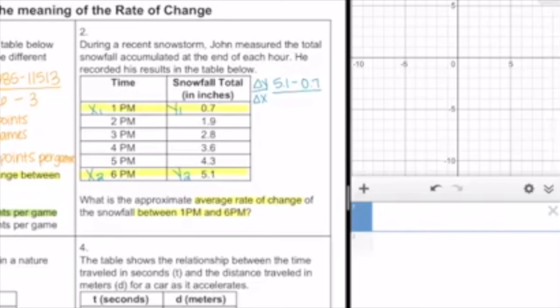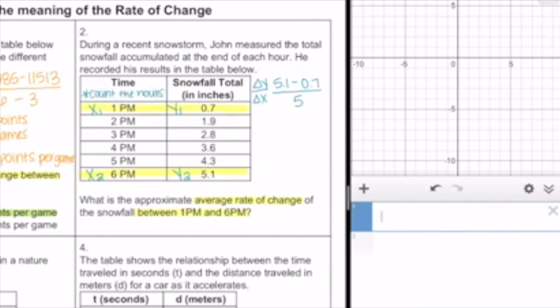How many hours passed between 1 p.m. and 6 p.m.? That's a change of 5 hours. In this case, it would have worked if we did 6 minus 1, but what if it had been 11 a.m. to 6 p.m.? That wouldn't have been the same type of subtraction. We just need to count the hours if we're talking about time.